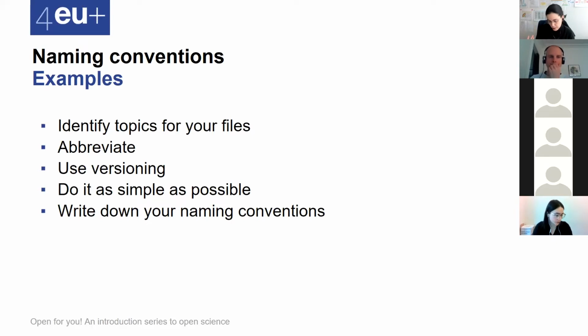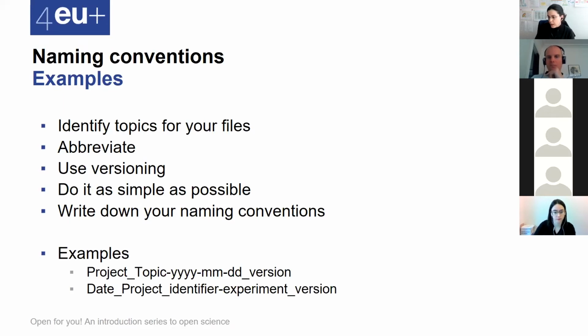You need to version the files and, if possible, keep the names as simple as possible. And then, if you can, write down your naming convention in a document to explain it to others. Think about how you search for your files to give them relevant names.